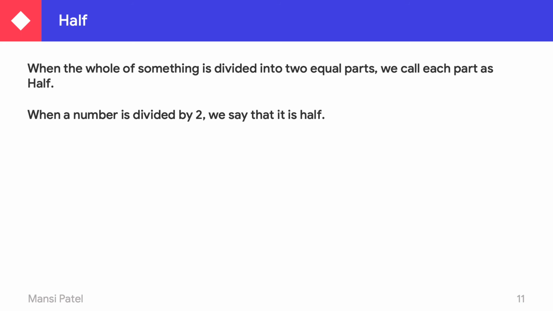So when you have to find out the double of any number, you have to multiply by 2, and when you have to find out half of any number, you have to just divide that number into two equal parts, divided by 2. So see here, I am giving one apple to you and what is the half of that apple? So that is 1 by 2.